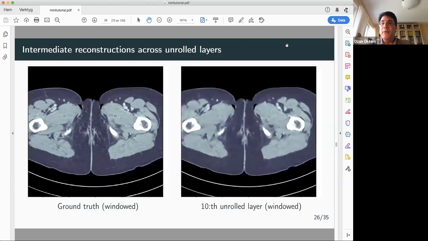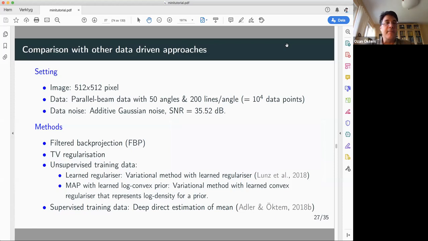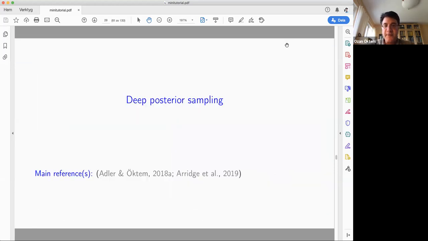which shows some quite interesting differences. Now, I was thinking of reporting about some ongoing work, but I'm running out of time, so I'm going to skip that and go directly to computing sampling from the deep neural network. So far, we have used deep neural networks to compute a single estimator, which essentially gives us a reconstruction method which produces one image.